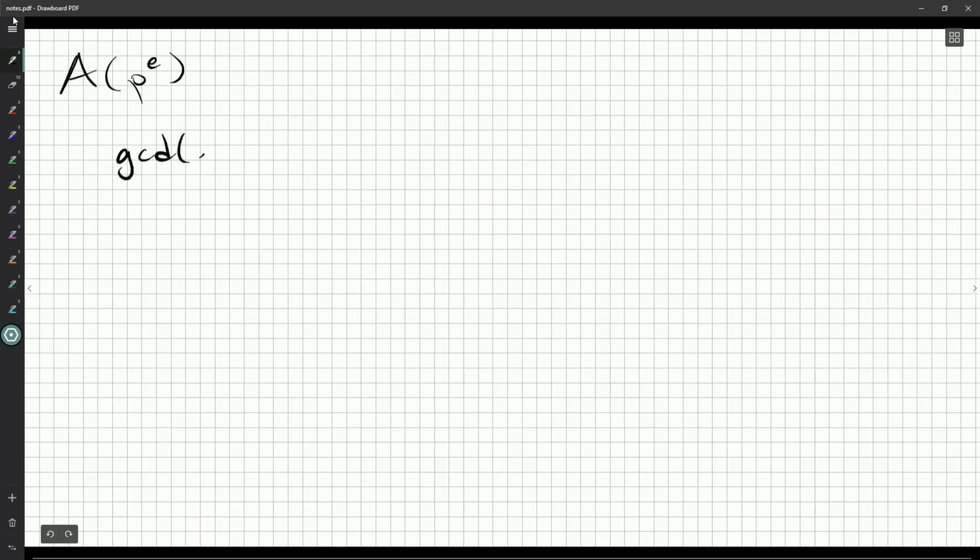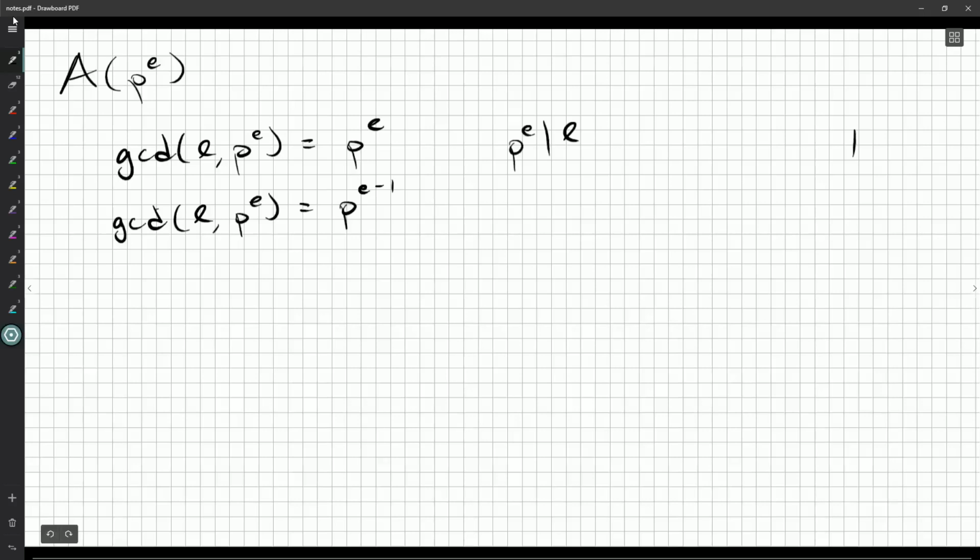Now, in terms of the GCDs, you could have p to the e. There's only going to be one of those. Or it could be p to the e minus 1. How many L's are there going to be that do that? So p to the e minus 1 has to divide L, but p to the e cannot divide L. So there'll be p minus 1 of those.